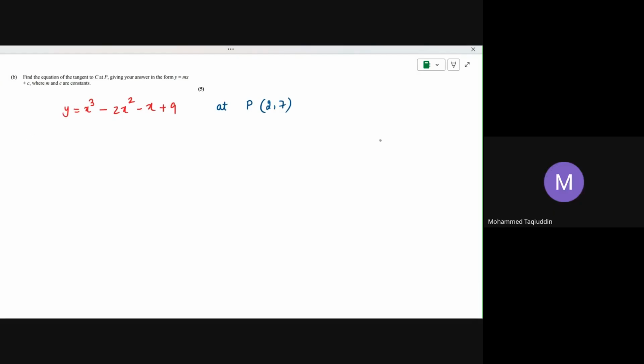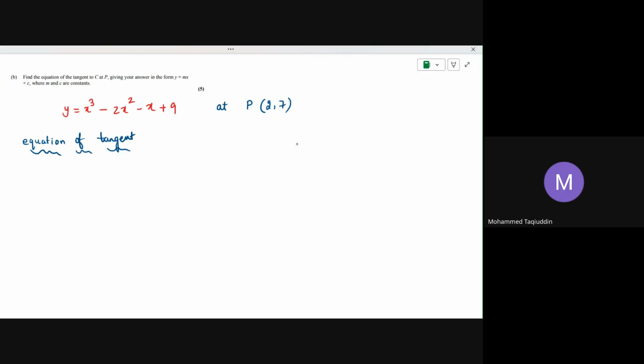Now, how to find the equation of a tangent? The first thing you all should remember is, when I say equation of a tangent, it's nothing but a straight line, isn't it? The equation of a tangent is a straight line, not a non-linear one.